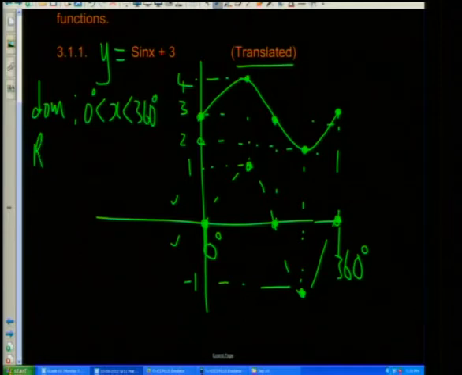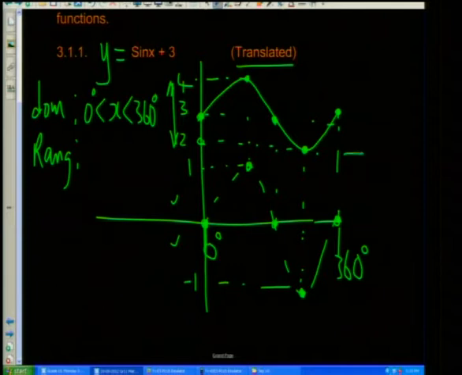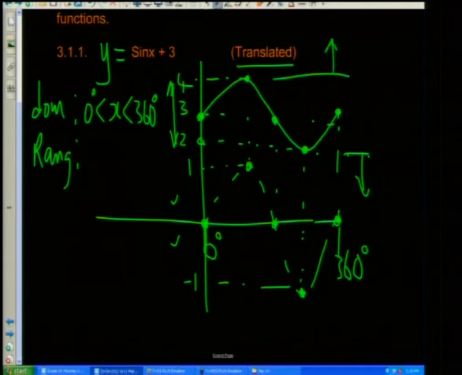And the range, in this case, notice now, it starts at 2 and ends at 4. The graph does not exist below that level, and it does not exist above that level. Okay, so the range is where y starts at 1 and including, of course.